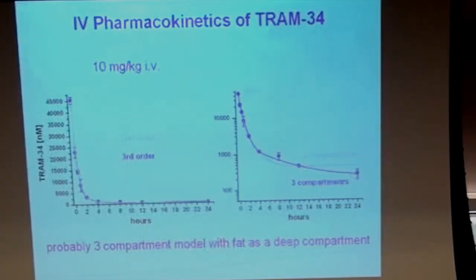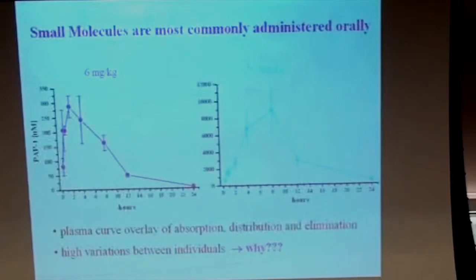Okay, this was IV, and what you've probably seen here in the plasma concentrations are these nice tight standard deviations between different animals. Let's now move on to oral. Here we're giving the same drug orally. And you see this now looks very different.